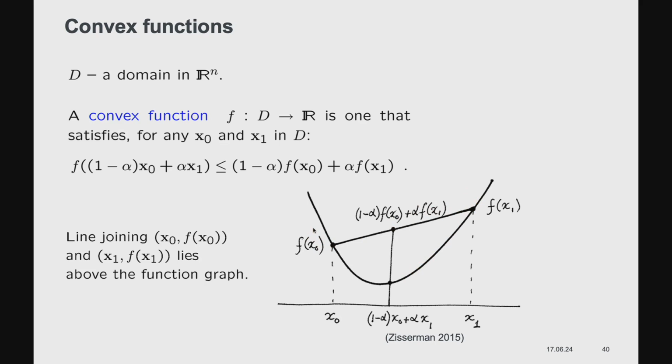And this does not only apply for these 2 points, x0 and x1, but for any pair of points that you pick. And that means for any pair of points that you pick, that the gradient gives you the right direction towards the local and global optimum. Right? You can imagine this if you have such a kind of function.